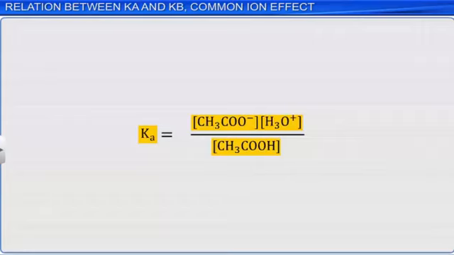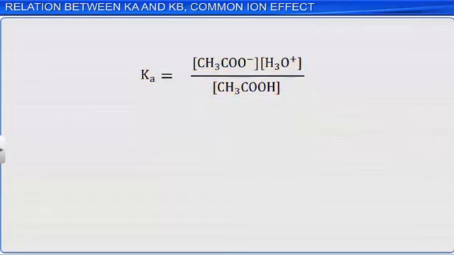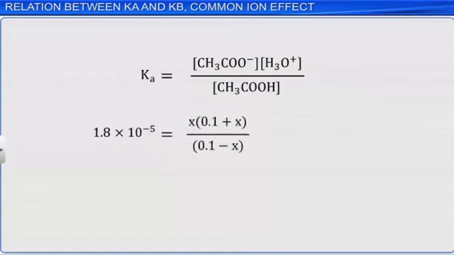Substituting the value of Ka and the equilibrium concentrations of acetate, hydronium ions and acetic acid, we get 1.8 multiplied by 10 to the power of minus 5 is equal to x multiplied by 0.1 plus x divided by 0.1 minus x.